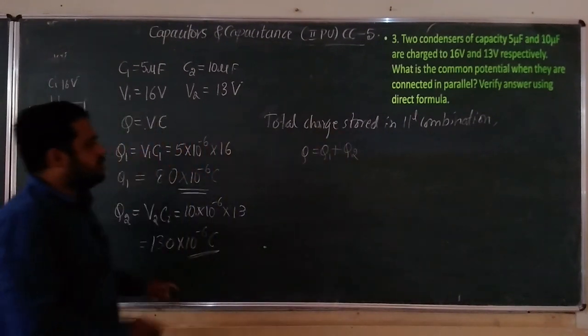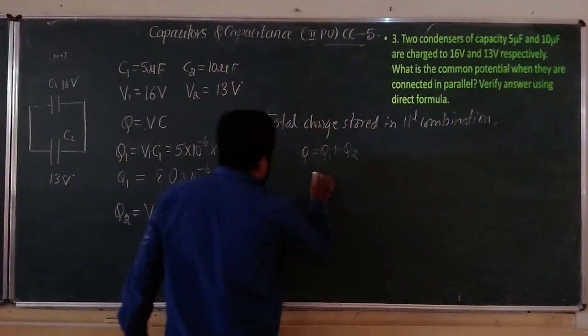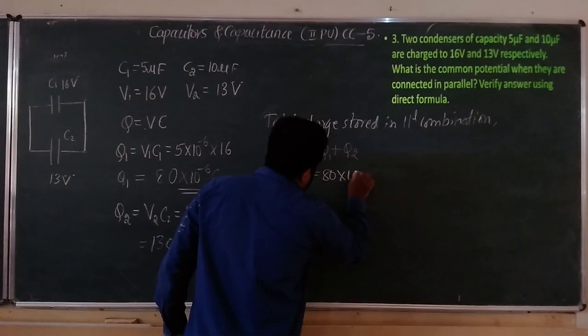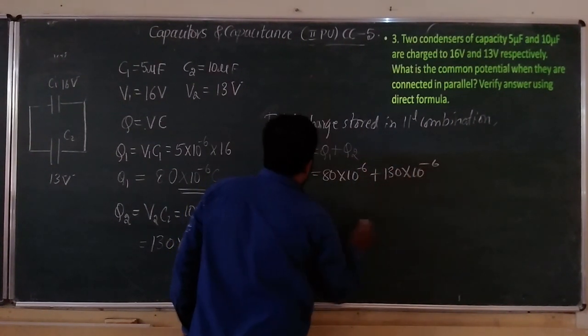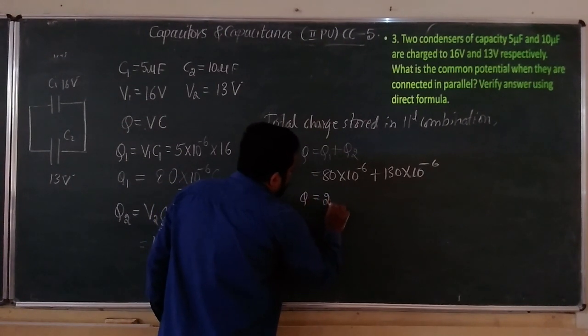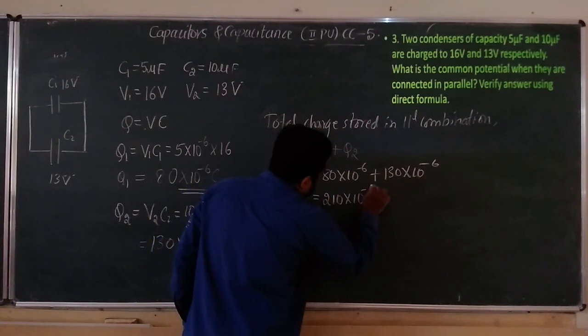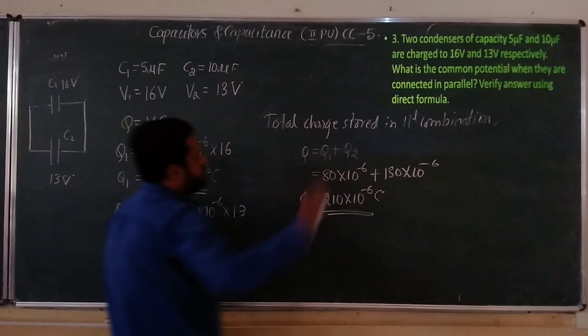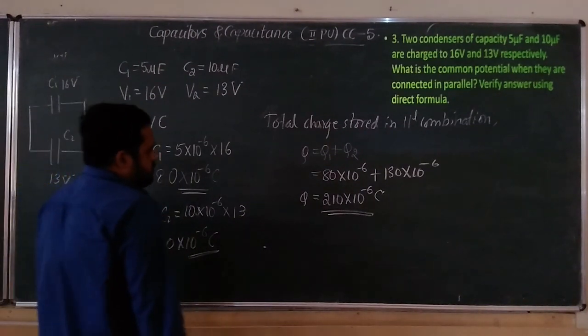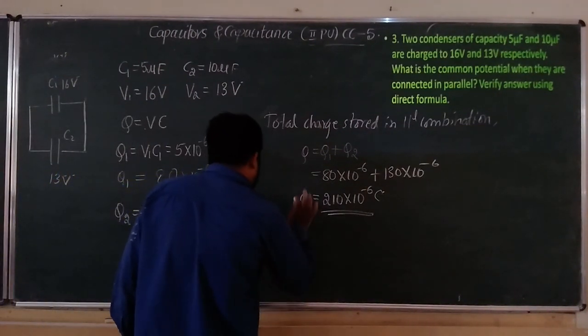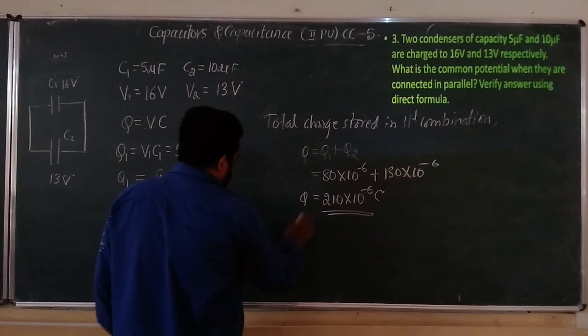Total charge stored is equal to Q1 plus Q2, that is equal to 80 into 10 to the power minus 6 plus 130 into 10 to the power minus 6. Therefore, Q is equal to 210 into 10 to the power minus 6 coulomb. This is the total amount of charge stored.